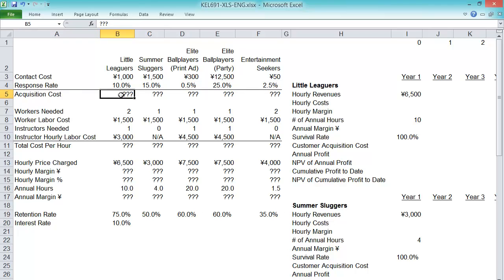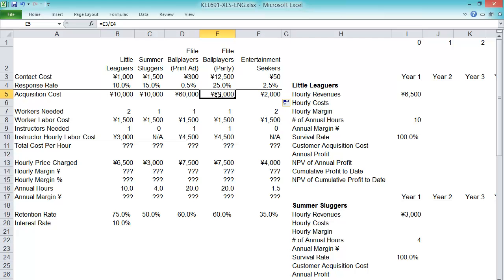Now, as for acquisition cost, it's just basically this 1,000 yen per person as a contact cost divided by 10%. So you see the acquisition cost for one customer for little leaguers is 10,000 yen, and now we're going to copy it, and we see it's by far the most expensive for elite ball players.